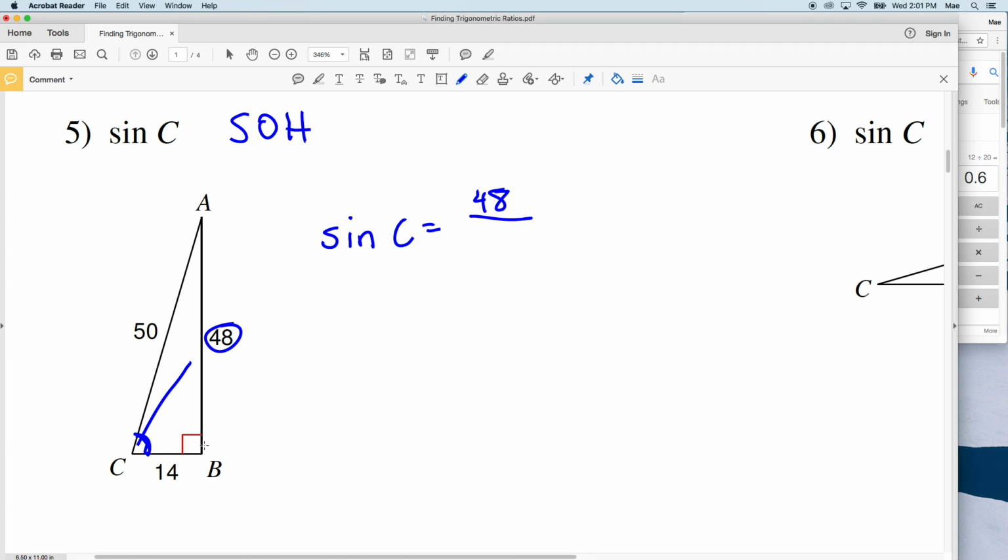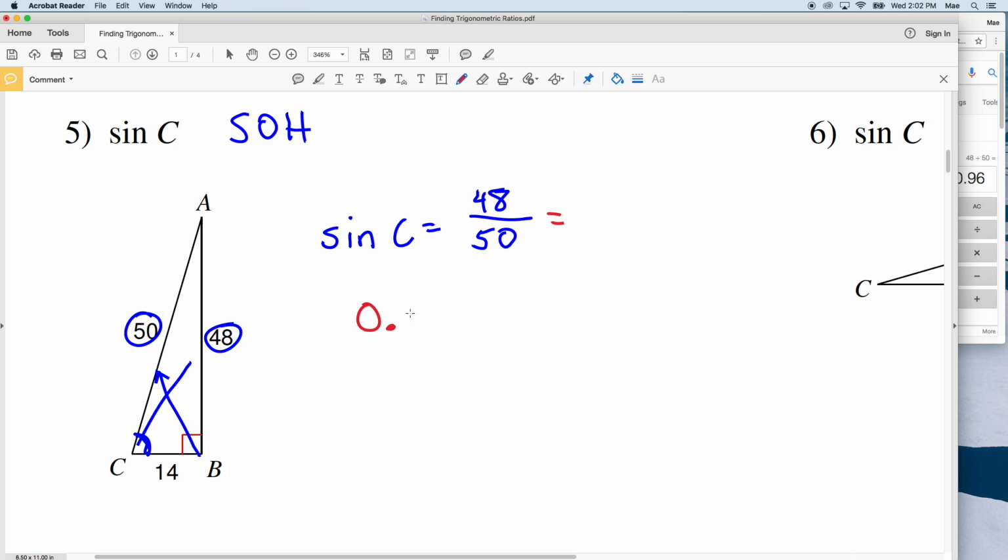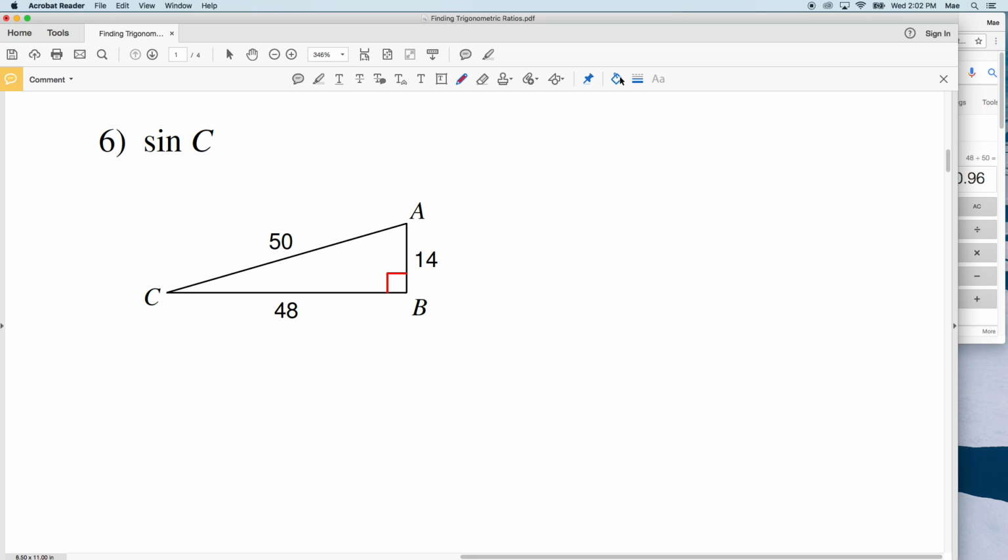And we know the hypotenuse is always across from the right angle, so that's our 50. 48 divided by 50 on a calculator will give us 0.96. So 0.96 and to the 10,000ths, so 2 zeros after that. 0.9600.